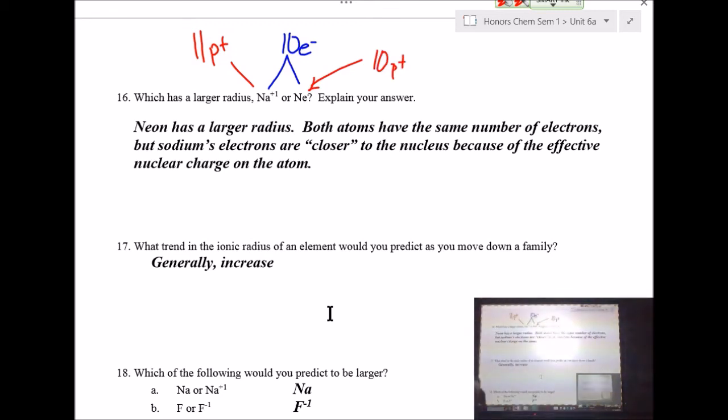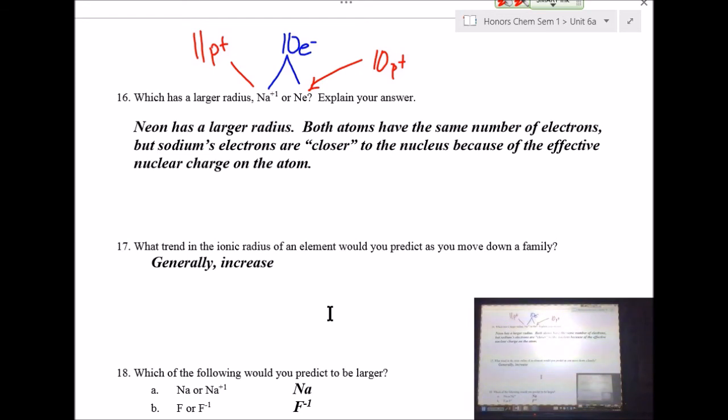So if you have more positive charges than negative charges, your radius is going to be smaller. If you have more electrons than you do protons, then it'll be larger. If you're comparing equal number of protons and electrons to somebody that has more protons than electrons, and they're the same number of electrons, then that one's smaller. So the more positive charge will draw that in.